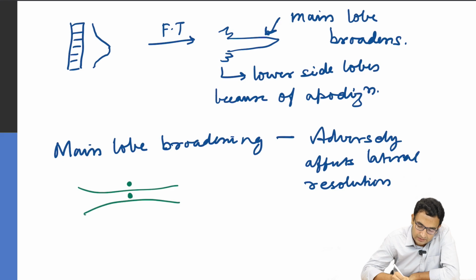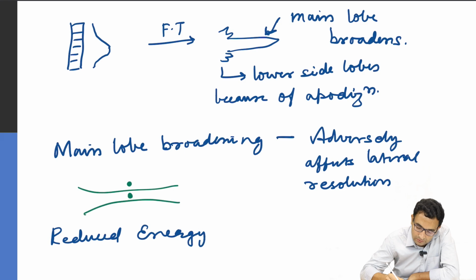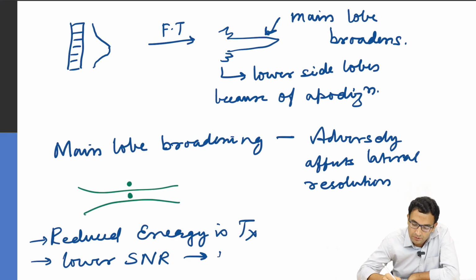The other aspect is, if you are providing this kind of a weighting function, essentially you are telling this element and this element to fire, but with lesser energy because the weight given is less here. So reduced energy is transmitted, and reduced energy means lower SNR, and lower SNR in turn will mean lower penetration depth.